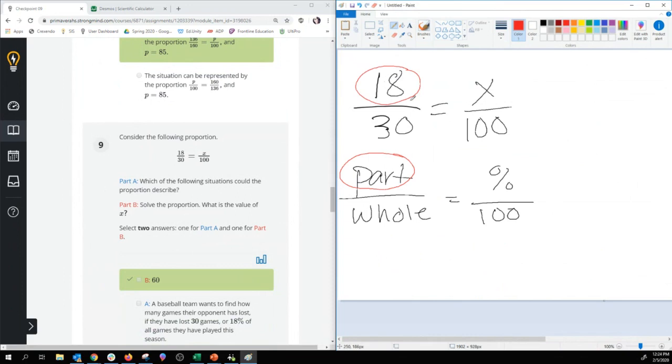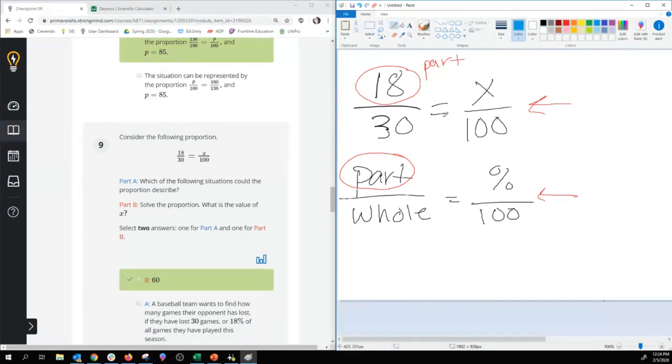So when you look at this proportion up top, it is filling out all the places in the proportion at the bottom here. So this 18 is on the top left. So what word is also on the top left? I've circled it in red. It's the part, right? Which means that this 18 represents the part.